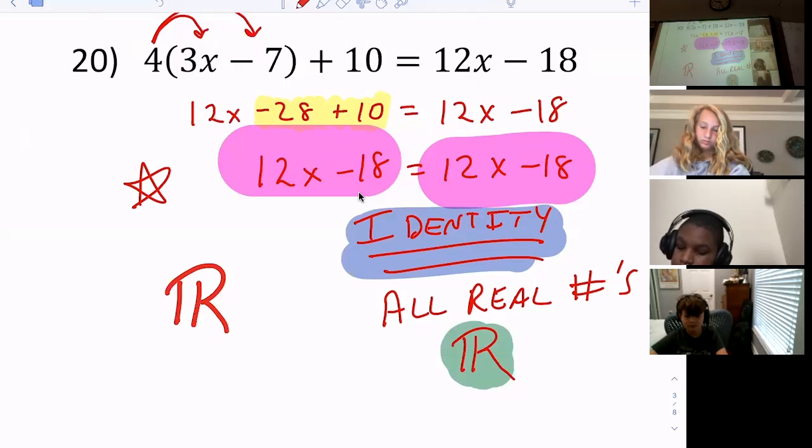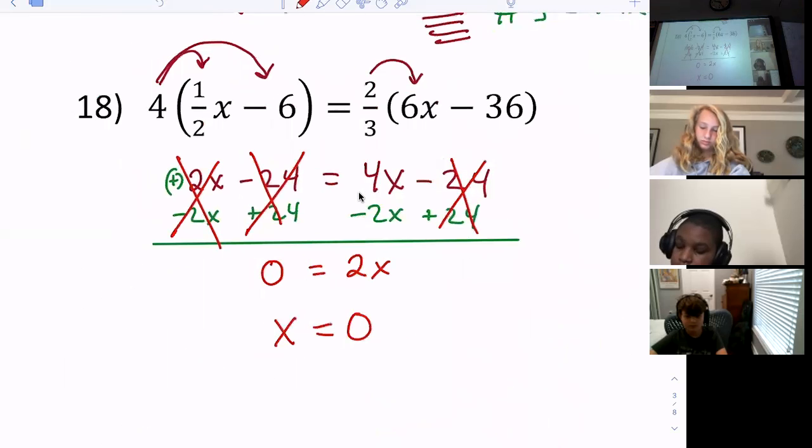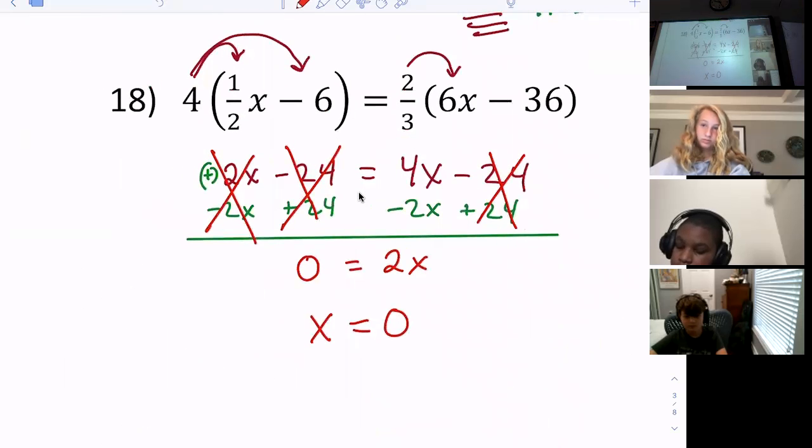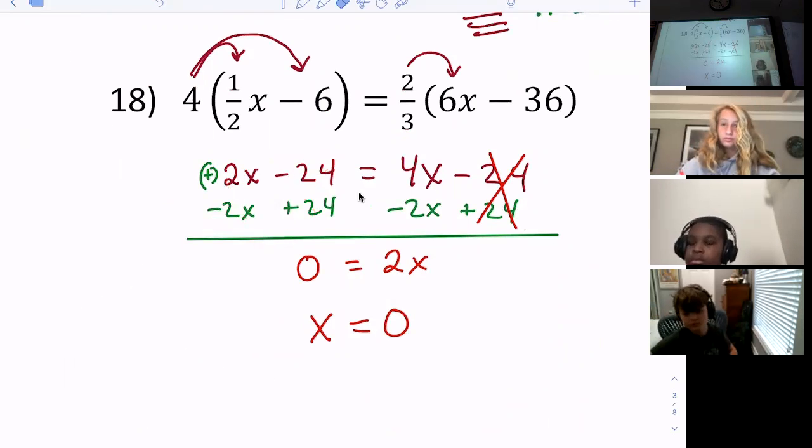Mr. Dancy wants me to go back a little bit to number 18. Number 18 was interesting because a lot of people thought it was no solution, but 0 is an answer. So let's look real quick. I'm going to go back to where my lines are crossed out here.